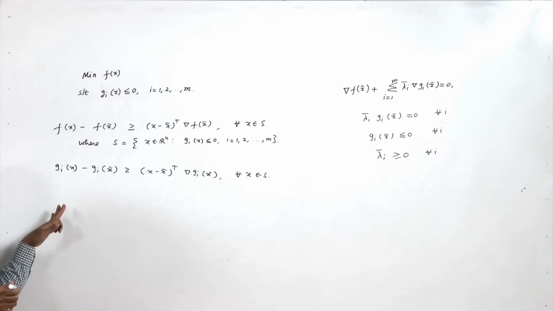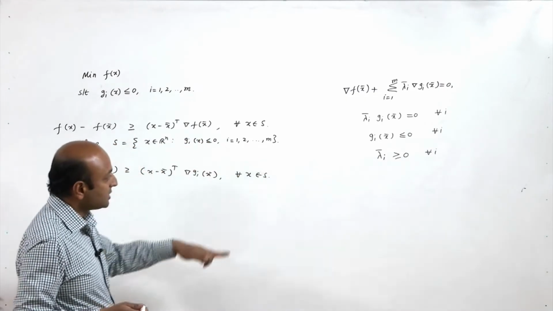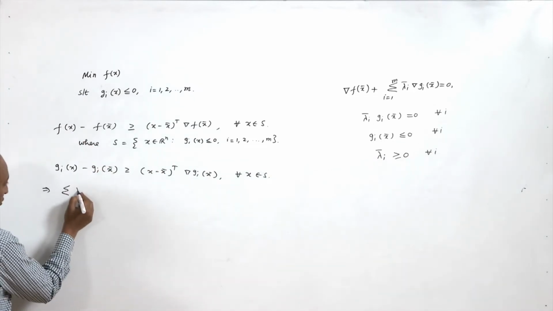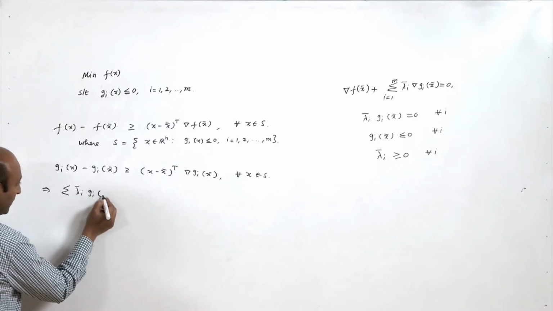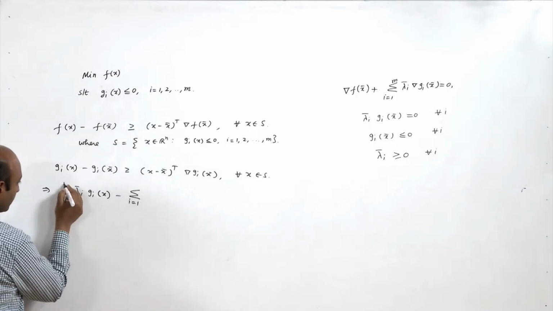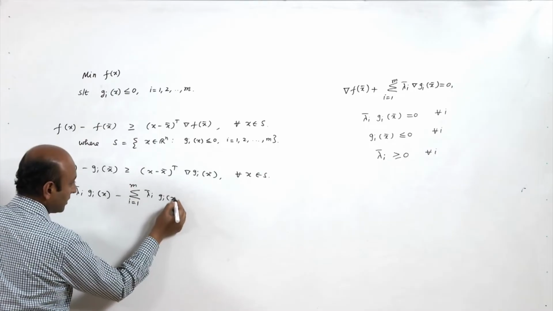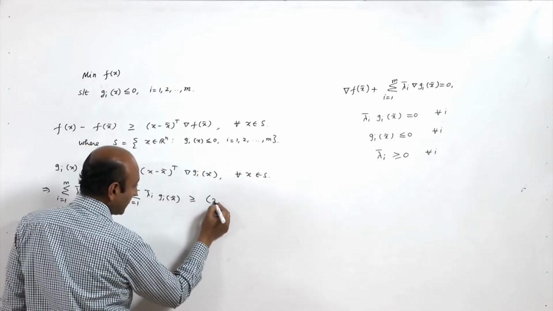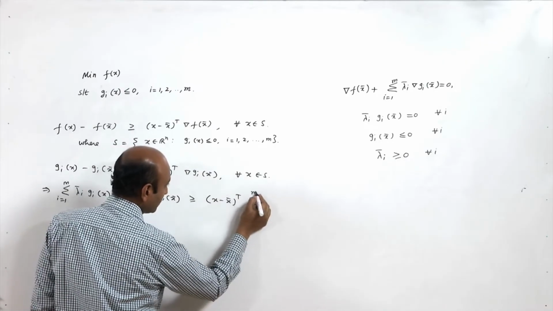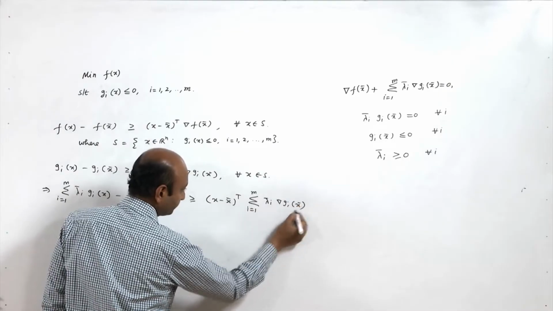It will not change the inequality because they are non-negative, and sum from i from 1 to m. So, what we obtain is summation of lambda_i bar g_i(x) minus summation i from 1 to m of lambda_i bar g_i(x bar) should be greater than or equal to (x minus x bar) transpose summation i from 1 to m of lambda_i bar gradient of g_i(x bar).